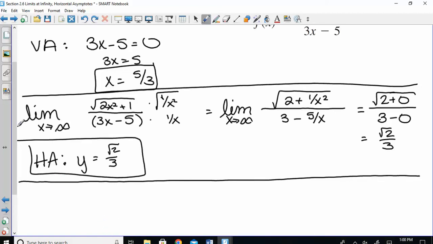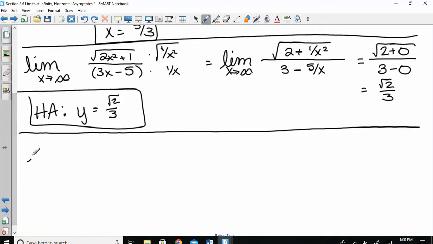Okay, so the other side is very similar, but we're doing it as x approaches negative infinity.